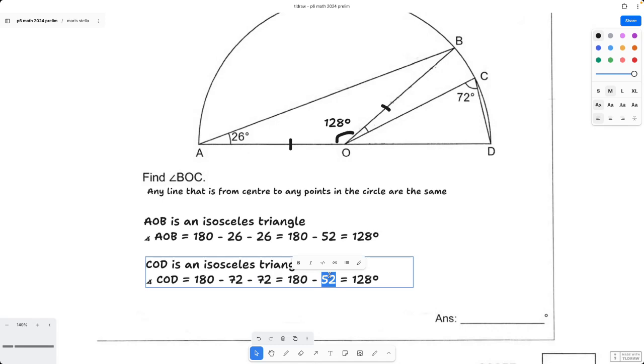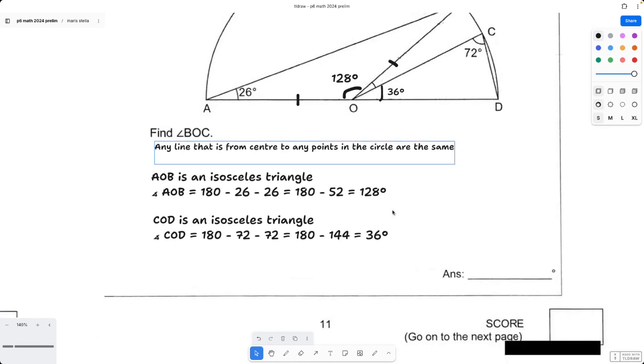So 180 minus 144, right? 72 times 2 is 144. And this will give you not 40 but 36 degrees. So over here is 36 degrees.